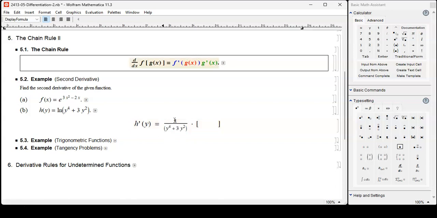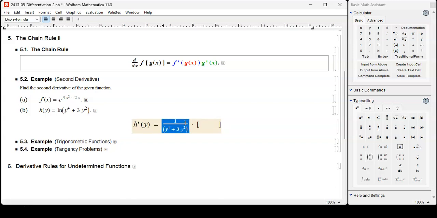So this 1 over that fraction is the derivative of the outer function logarithm, and inside never changes.